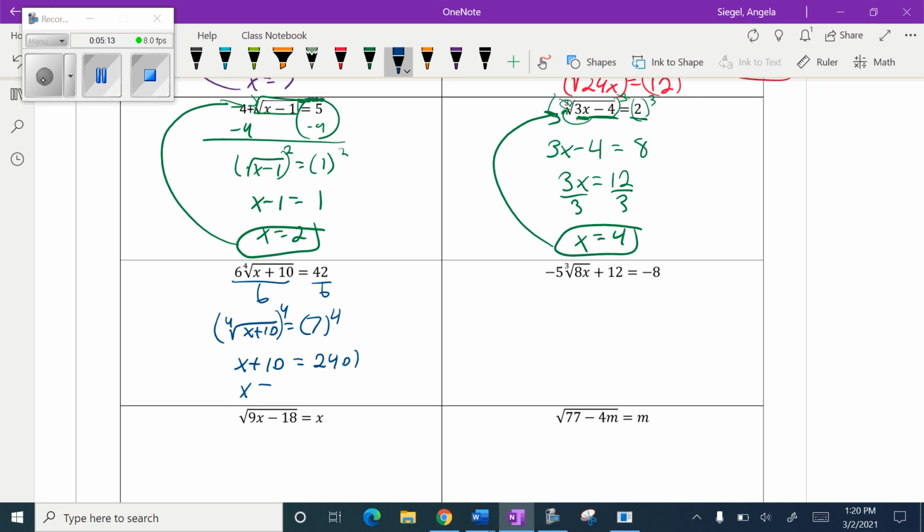Subtract 10 from that, and I get 2,391. Again, we can check it. 2,391 plus 10 is 2,401, and then I'm going to take the 4th root of that.